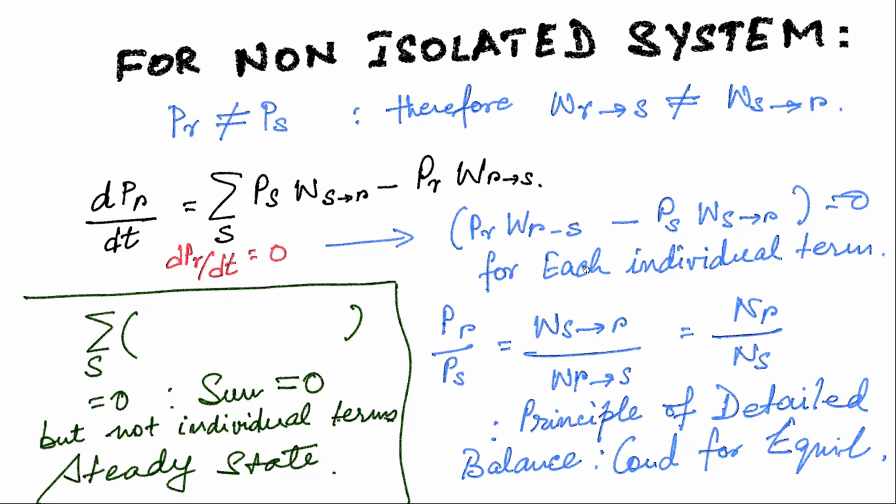On the other hand, if each of these terms independently were not equal to 0, but only the sum of the terms was equal to 0, then the system is not in equilibrium. There is a net probability current from one set of microstates to another set of microstates, different energies, the same, whatever it be. And then the system is in steady state and not in equilibrium.